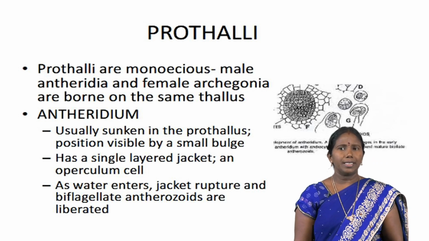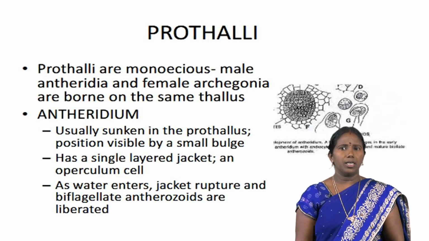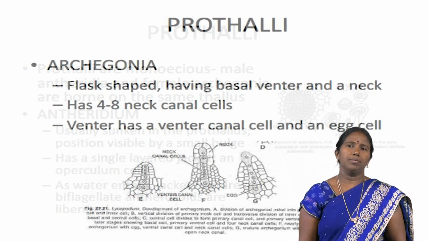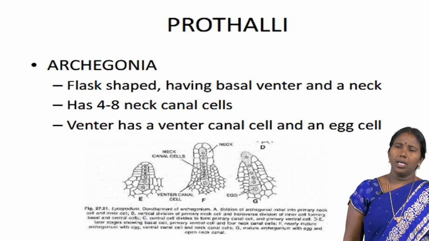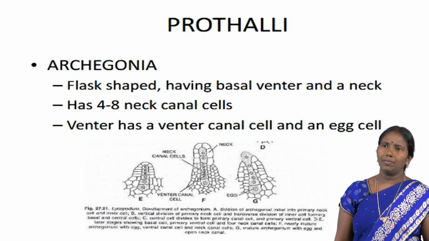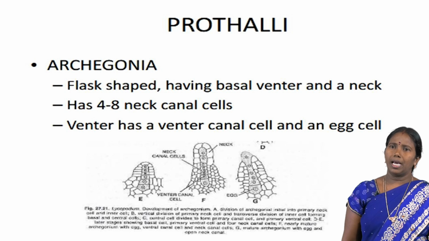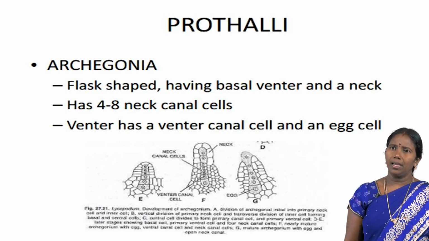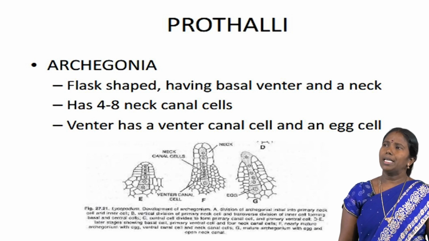As water enters, the jacket ruptures and biflagellate antherozoids are liberated. The archegonium is flask-shaped, having a basal venter and a neck. The neck has 4 to 8 neck canal cells. The venter has a ventral canal cell and an egg cell.